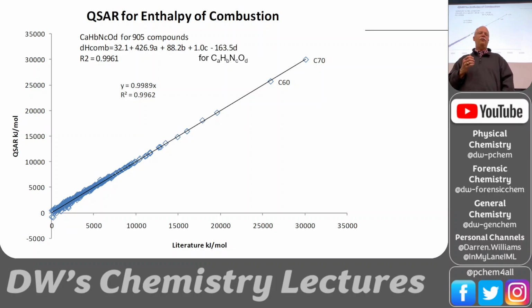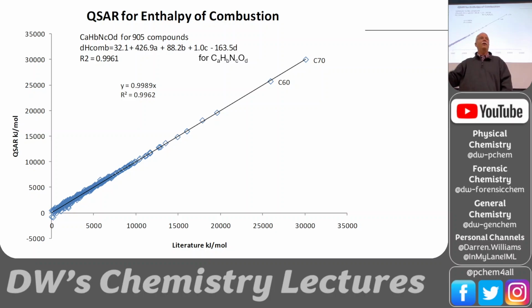So I thought, what if we just did a statistical relationship of the enthalpy of combustion based on the number of carbon atoms it has, and the hydrogen, the nitrogen, and the oxygen. And this is the regression I get. So I can predict the heat of combustion based on the molecular formula. I don't really even need to know anything about the structure. The molecular formula is kind of a structure.